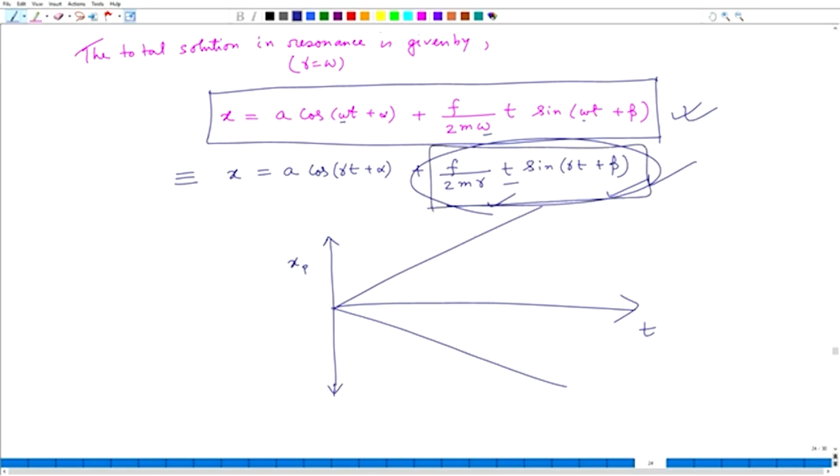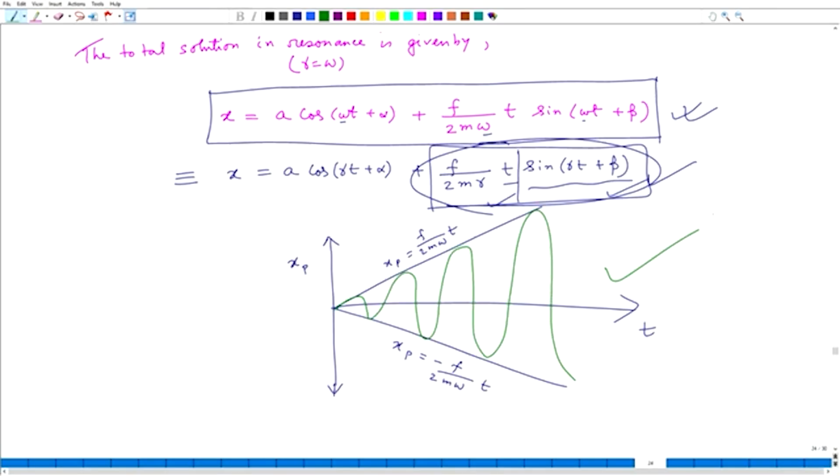You have this linear function x p is equal to f by 2m omega t and x p is equal to minus f by 2m omega t, and in between what you will have? You will have a pure sinusoidal movement with increasing amplitude. So that is the most conceivable picture of resonance in case of forced harmonic oscillator.